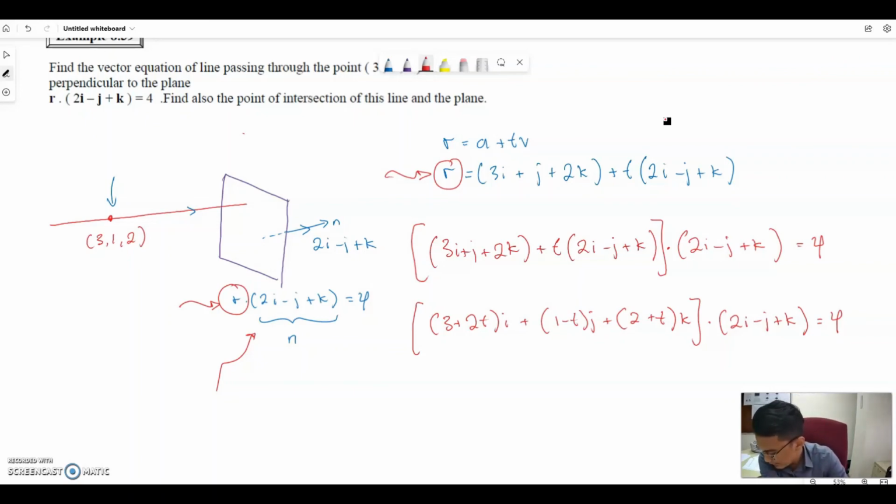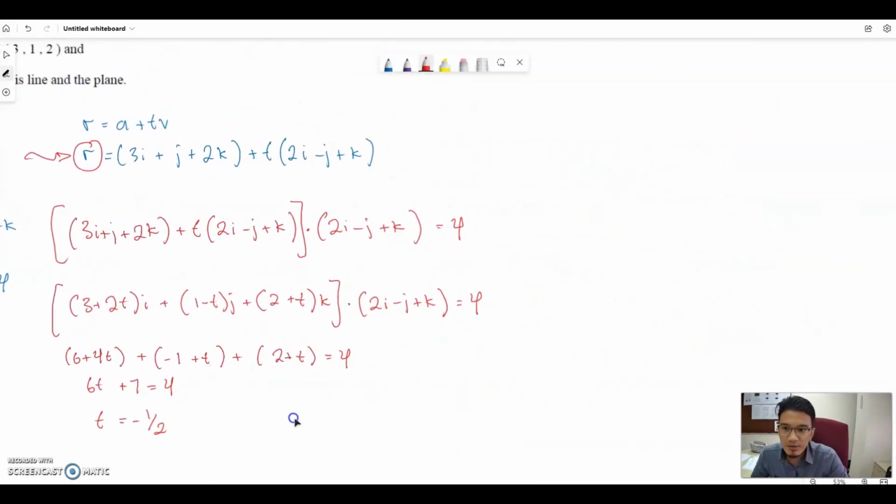Then you will have 6 plus 4t, plus negative 1 plus t, plus 2 plus t equal to 4. So you solve it to find the value of t. So 6t plus 7 equal to 4, so you have t equal to negative 1 over 2.